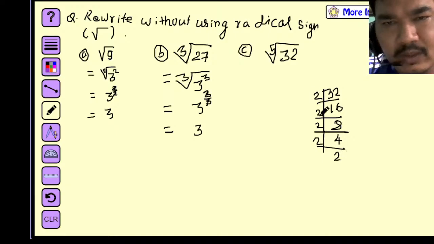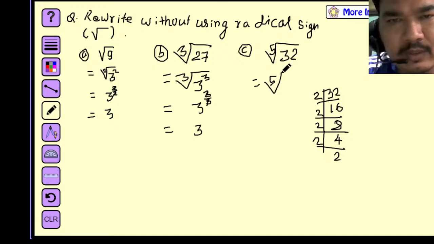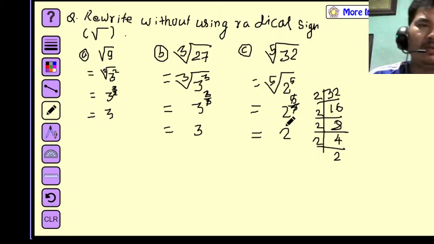Look how many: 1 2 3 4 5. That's why in place of 32 we can write the fifth root of 2 to the power 5, because 2 multiplied by 2 multiplied by 2 multiplied by 2 and multiplied by 2 comes here. If you cancel the radical symbol, then it will be 5 by 5, right? This 5 and this 5 cancel, and the answer remaining is 2 only. Like this we solve here.